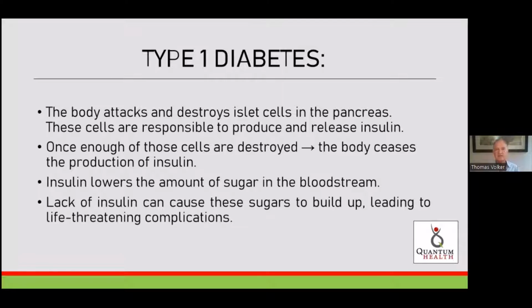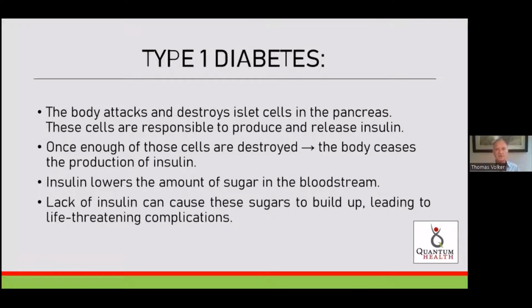And these are islet cells, or islets of Langerhans cells in the pancreas. They are destroyed in this autoimmune disease where the body attacks those cells, and then it actually can't produce the insulin anymore. And if too many of these cells are destroyed, the body ceases to produce insulin, or enough insulin for the normal functioning of a body.